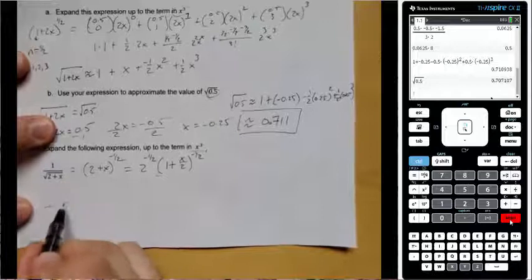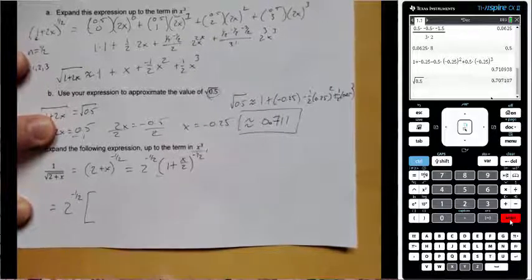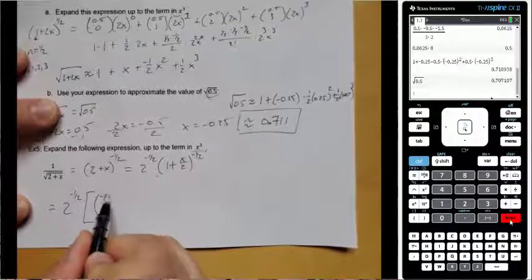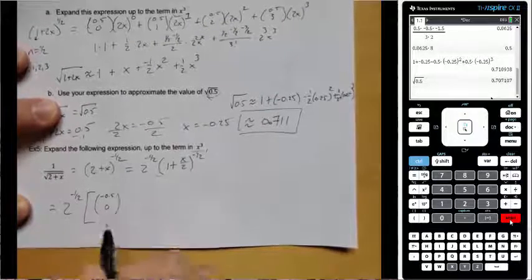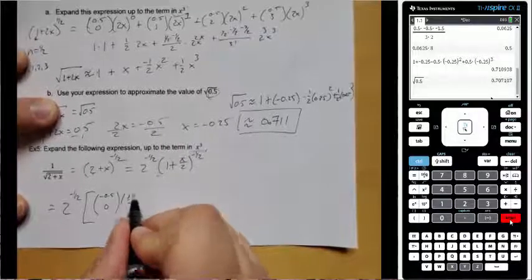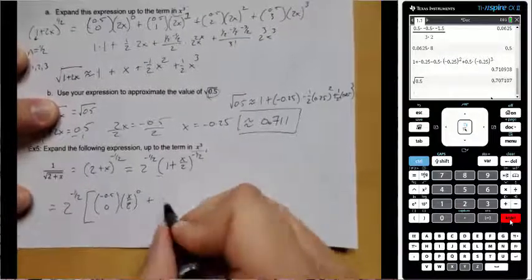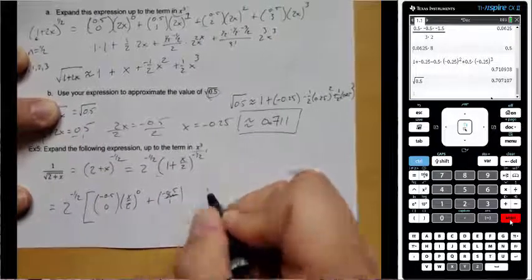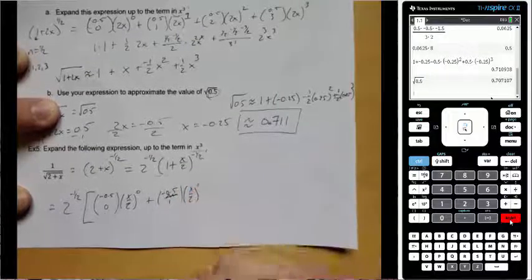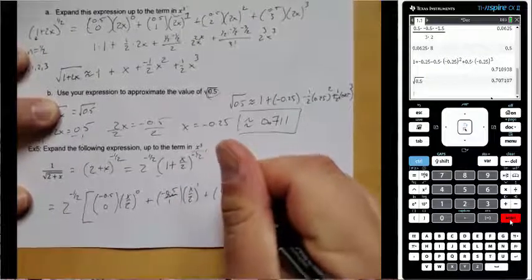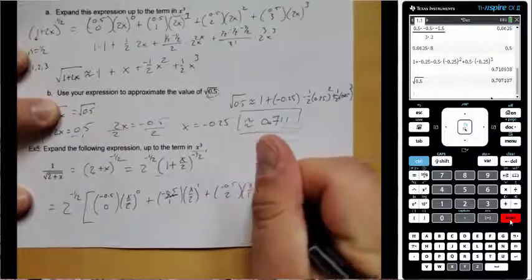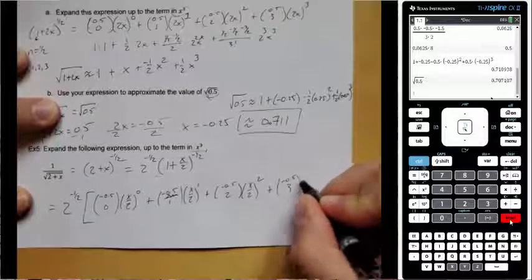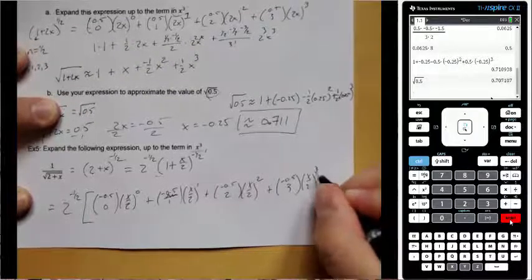So this is 2 to the minus 1/2 times minus 1/2 choose 0 times x over 2 to the 0, plus negative 0.5 choose 1 times x over 2 to the first power, plus negative 0.5 choose 2 times x over 2 to the second power, plus negative 0.5 choose 3 times x over 2 to the third power.